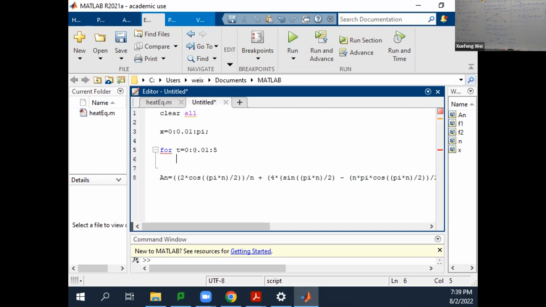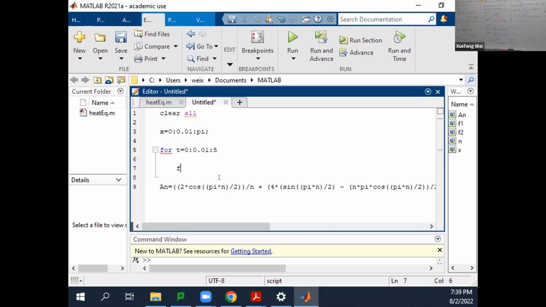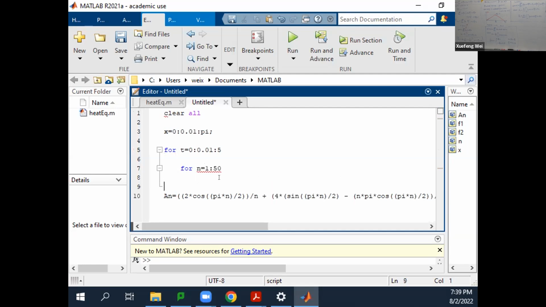So for T, go from 0 to say 5 seconds with an increment of 0.01. Then for N, go from 1 to 100. Let's do 50. 50 should be good enough. And then AN.